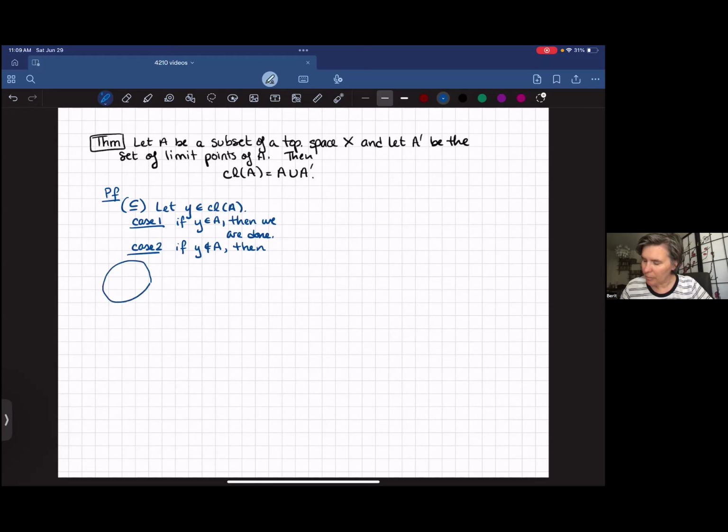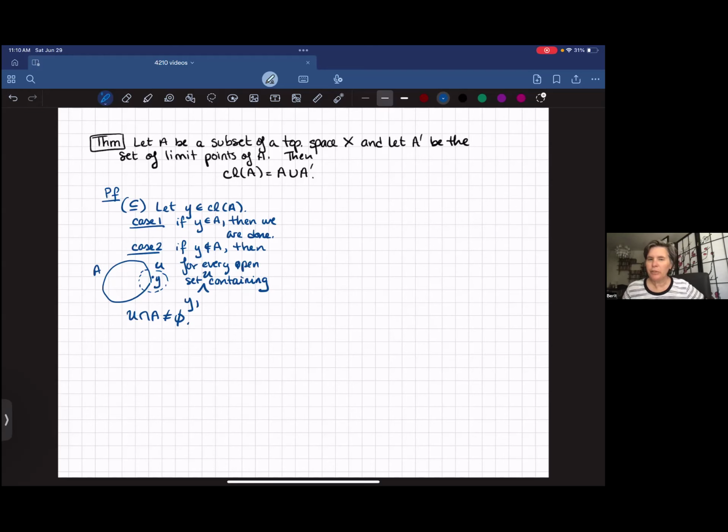If I took a set A and I had a Y that wasn't in A, it was in the closure if every open set containing that Y intersected with A. Then for every open set containing Y, and let's say open set U containing Y, U intersect A is not empty. That was a theorem that we had about if Y is in the closure, then this has to be true.